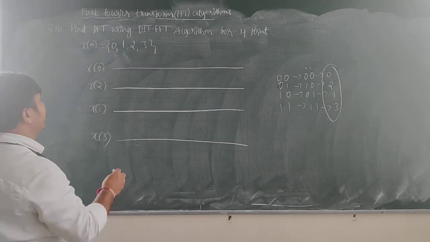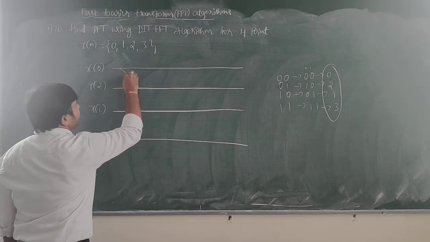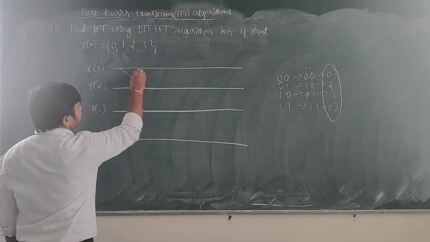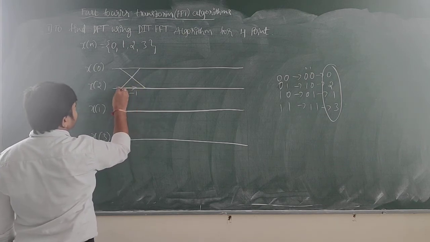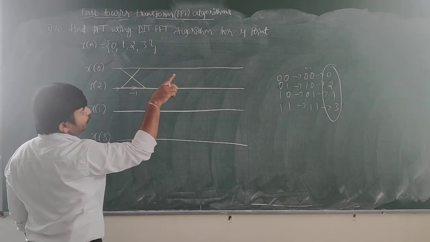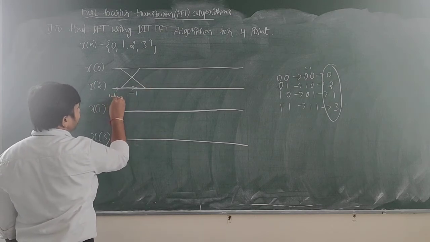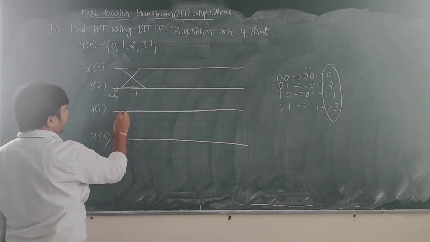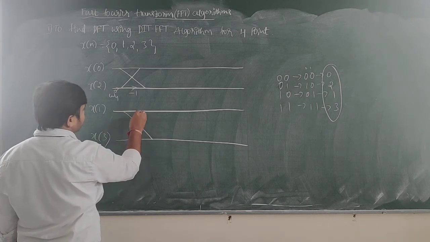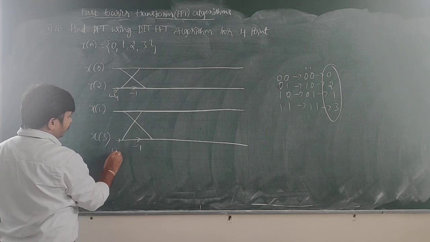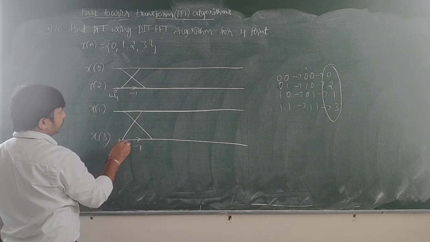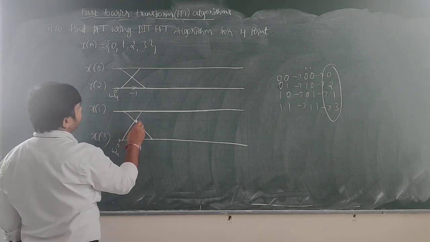And here the structure will be like this, with minus 1. Since we are computing a 4-point DFT, it is W4 power 0. And again here, 4-point DFT, W4 power 0.